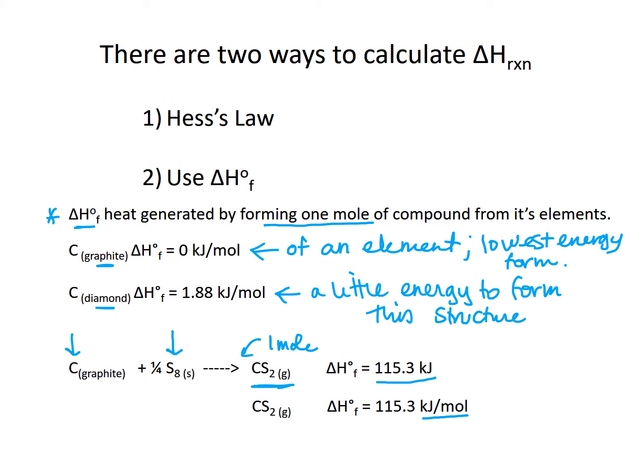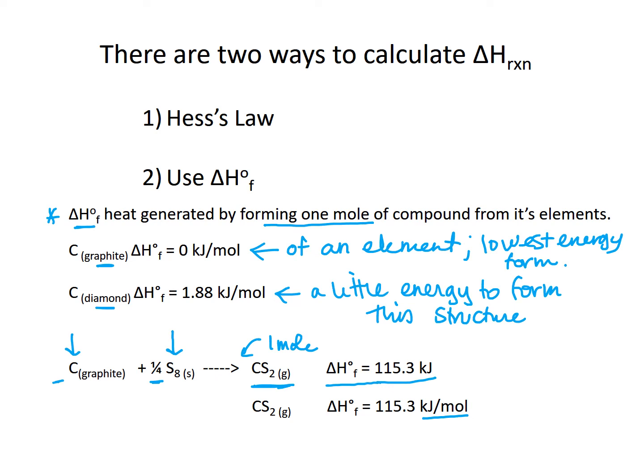Okay, so if I go get sulfur, it's in that S8 form. I balance the equation so that I have 1 mole of product. So I only need 1/8 of a mole of S8, and I need 1 mole of carbon. And when I do this reaction, the amount of heat that it generates is 115.3 kilojoules. Okay, so when you find these delta H of formation on the table, that's what it means. I'm breaking this thing down to its elements.